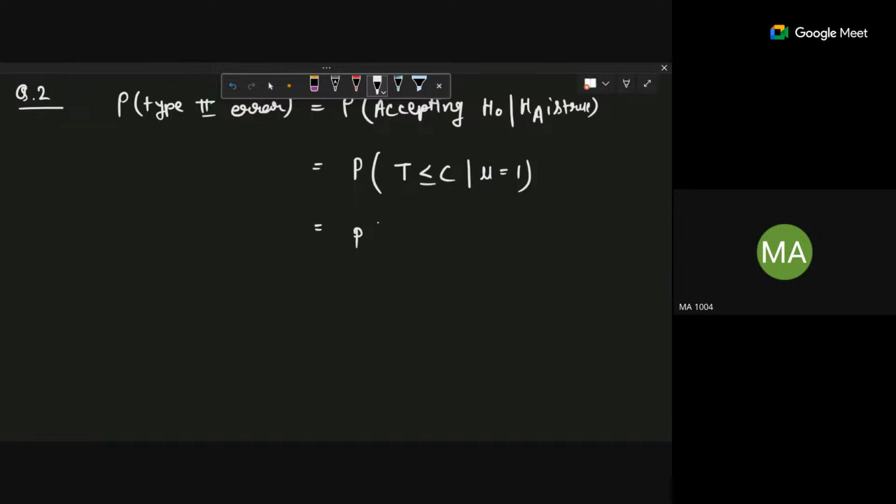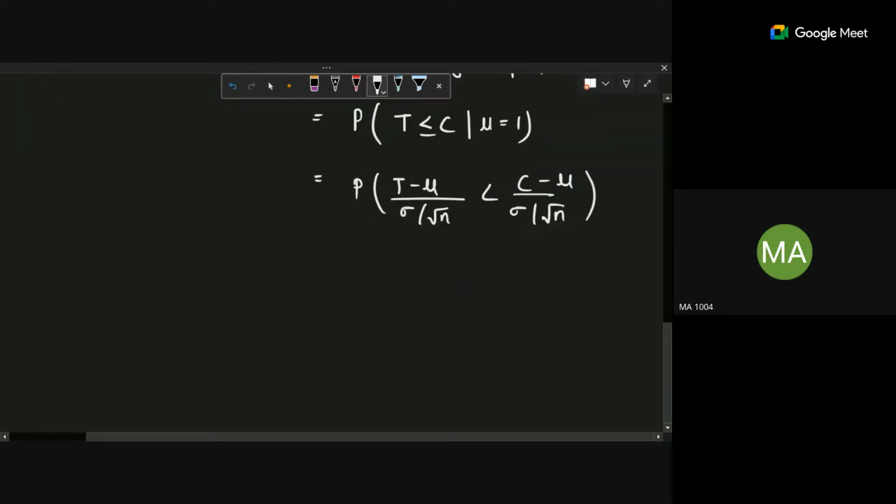So we'll try to convert it into standard normal form. How can we do that? Subtract the mean from T and divide by the standard deviation, right? Once we put in all these values, we will get the type 2 error.